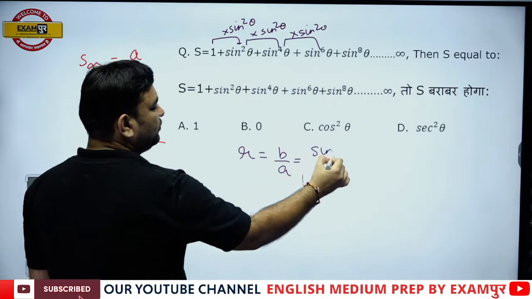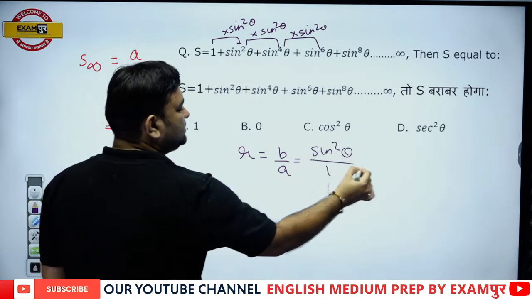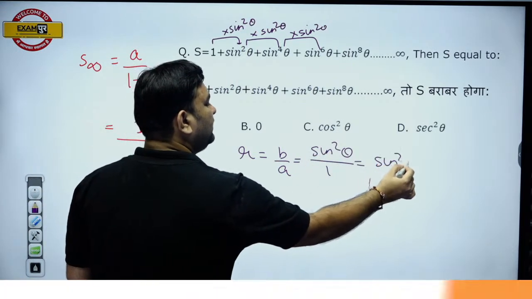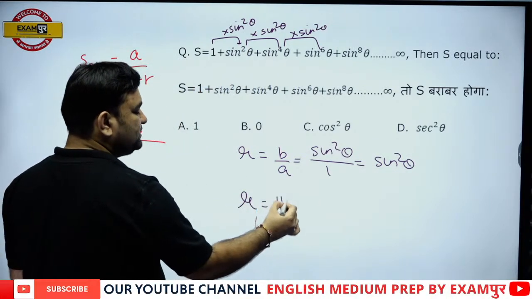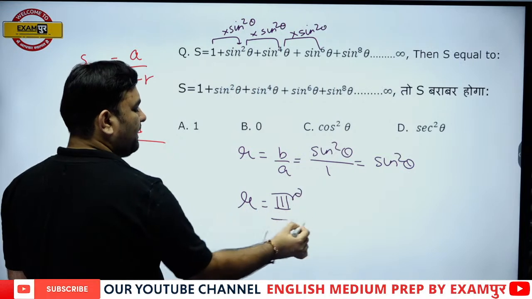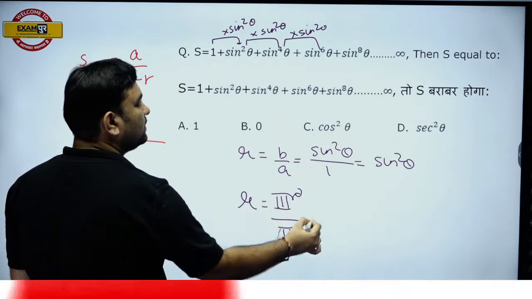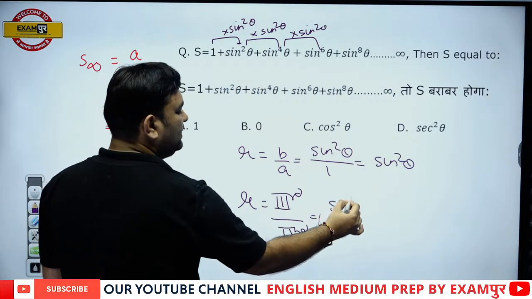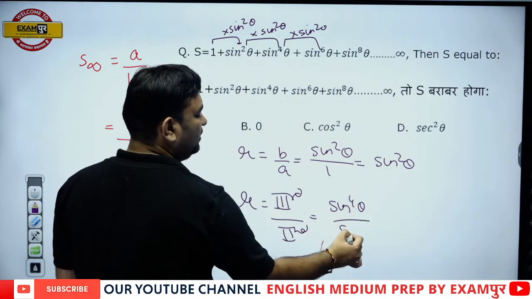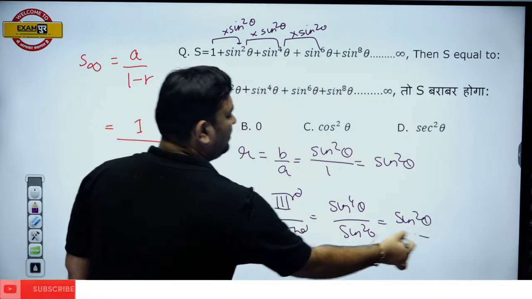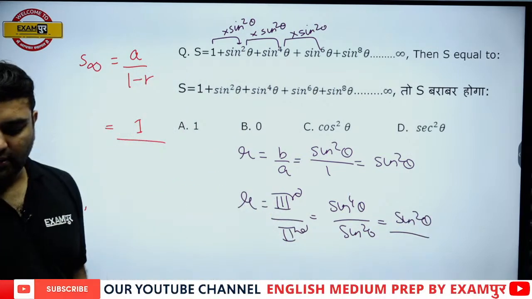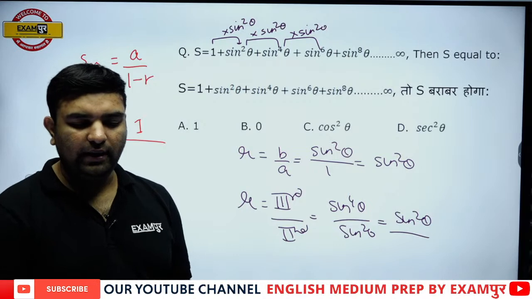The second term is sine square theta, the first term is 1, so the common ratio is sine square theta. Or the common ratio is the third term upon the second term: sine to the power 4 theta upon sine square theta, again sine square theta. You can find the common ratio in any of these ways.